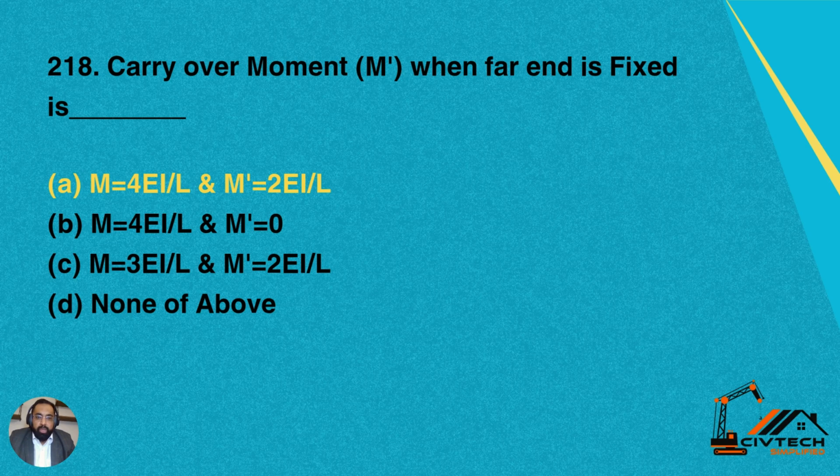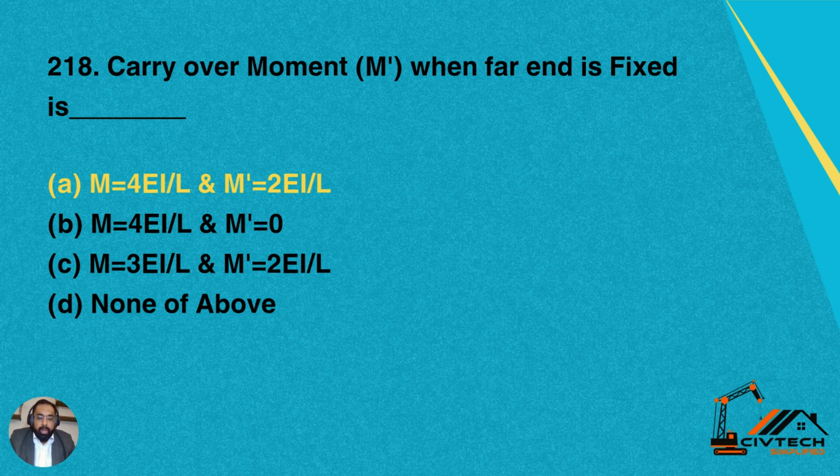218. Carryover moment M dash when far end is fixed is. What is the carryover moment M dash when the far end is fixed? Option A, M is equal to 4EI over L and M dash is equal to 2EI over L. Yes, this one is the correct answer.